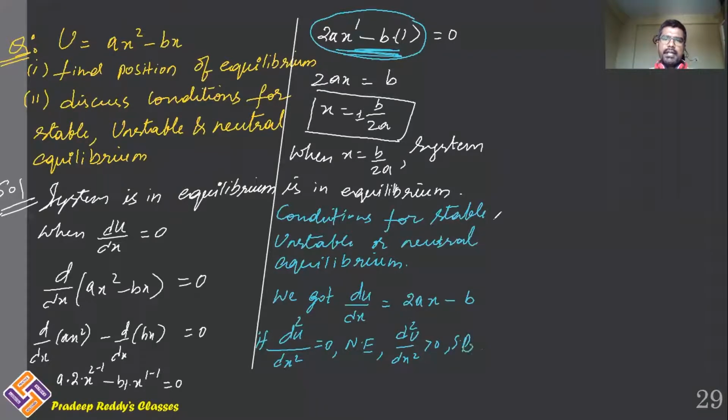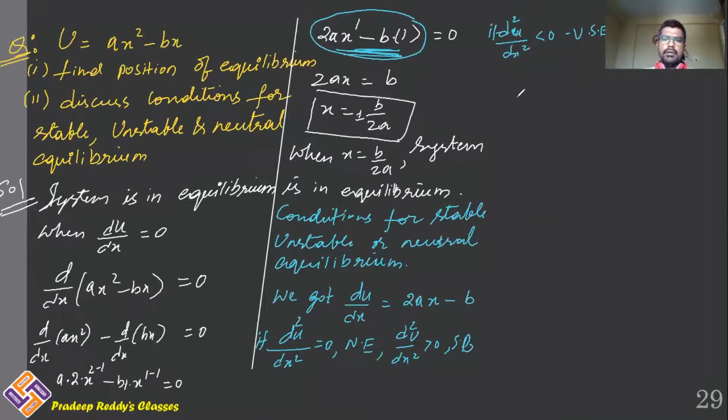Similarly, if d square u by dx square is less than 0, this is unstable equilibrium. Now, in order to check this, what you'll do? Simply, you will differentiate this once again. You will be getting the final expression whether it is a stable or unstable equilibrium.